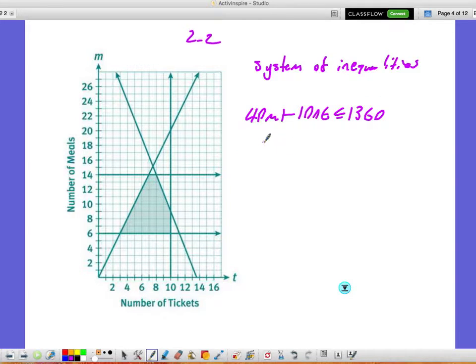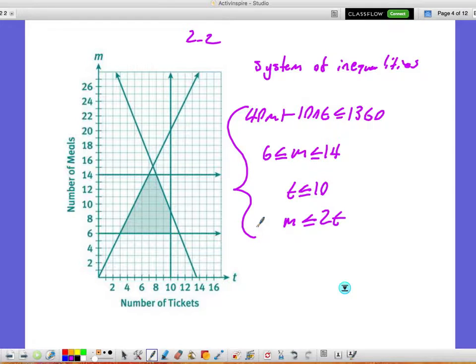We also had that m was in between 6 and 14. Number of tickets has to be less than or equal to 10. And we also had that m is less than or equal to 2t. So here is our system of inequalities.